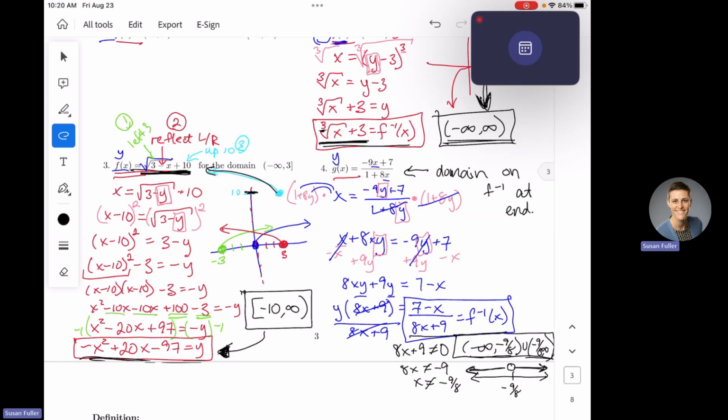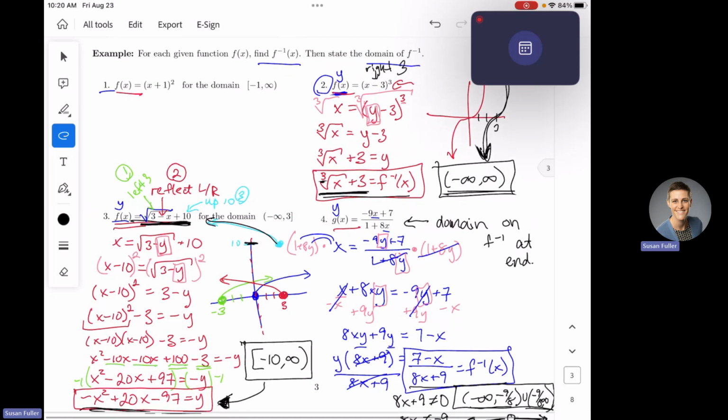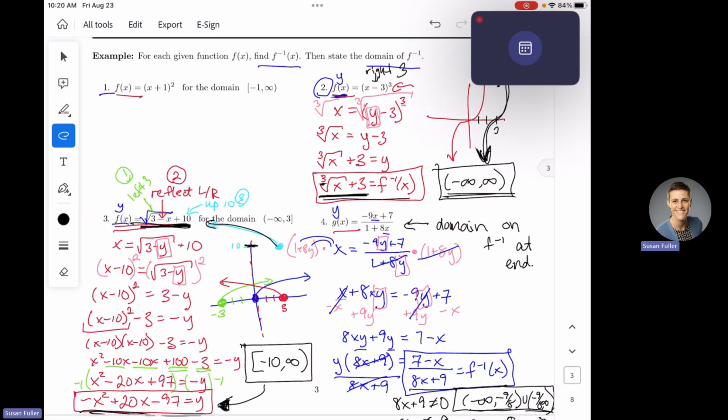All right, so hopefully that helps with this module 2 with your inverse functions. So just kind of fight through some algebra here and make sure that with anything except for a rational function, except for fractions with variables in them, I want you to graph your original function to find the range.